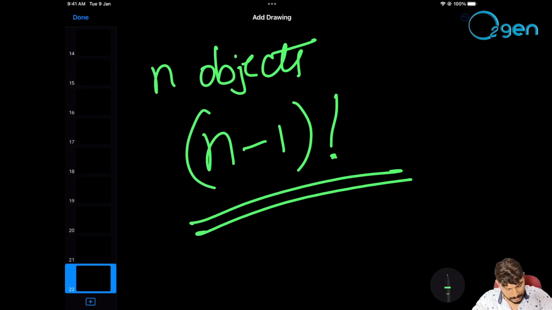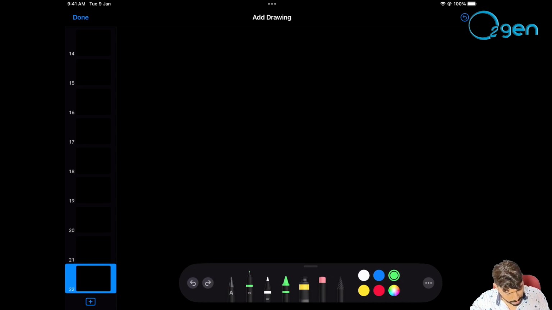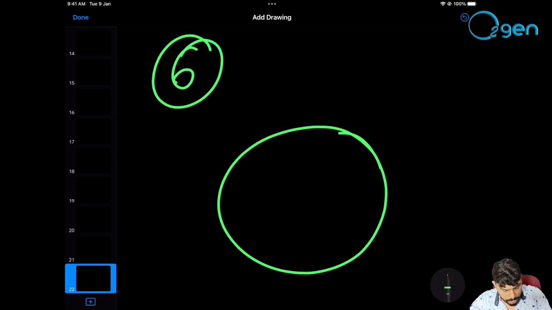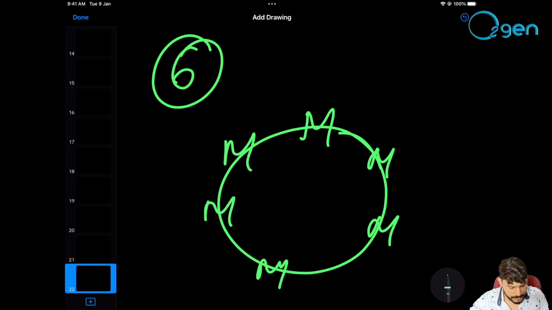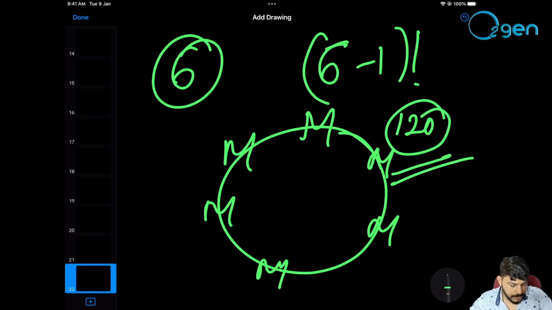For example, if 6 members have to take dinner, 1, 2, 3, 4, 5 and 6, they can be seated at a circular table in 6 minus 1 factorial ways. 6 minus 1 factorial means they can be arranged in 120 different ways, not 720.